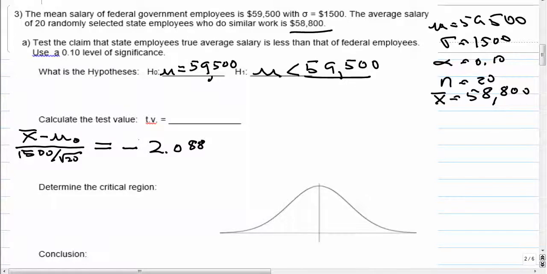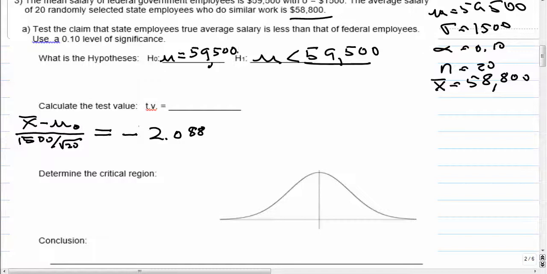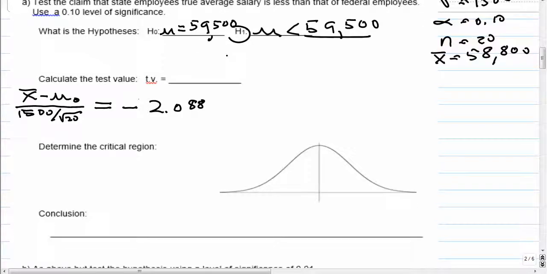Now, the critical region is dependent upon the alternative hypothesis. We're going to reject if our sample is such that the test value is significantly lower than 59,500, meaning that here's the 59,500. If we are significantly lower, meaning if we're over here somewhere, that would suggest that yes, there is a significant difference.